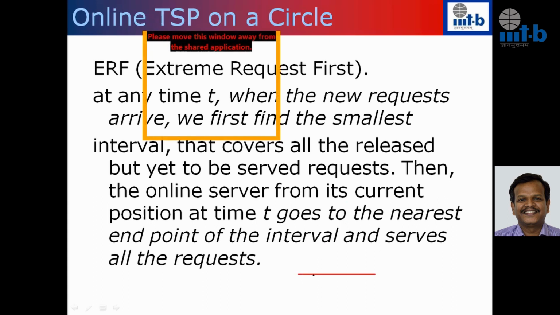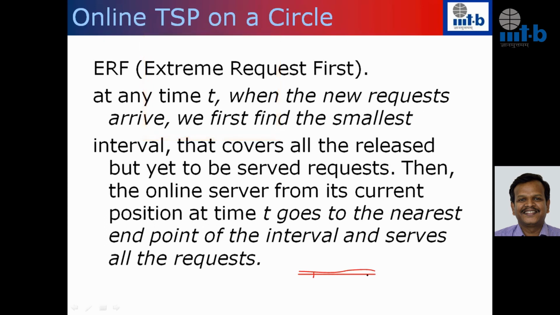It goes to one of the endpoints, obviously the nearest endpoint. And then since all the requests are in this interval, it'll just go to the end and cover this, right? So keep repeating this. As and when the new requests come, you find the shortest interval where the unserved requests are there and keep applying this algorithm.